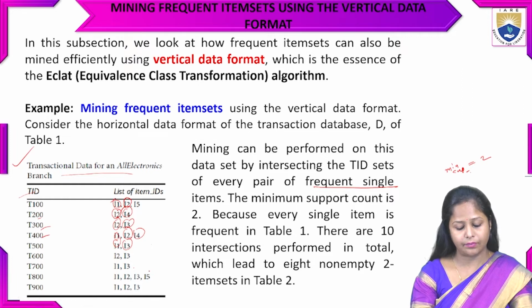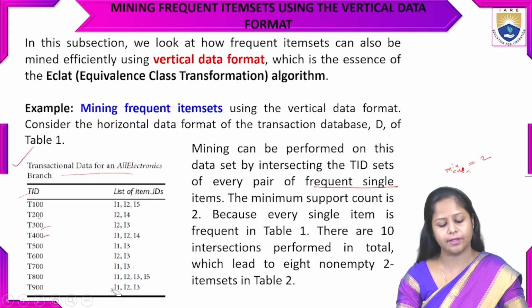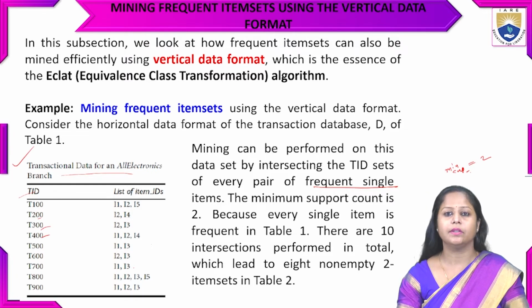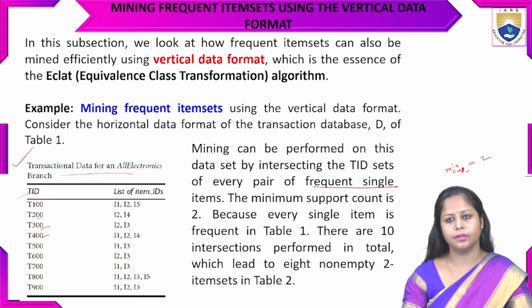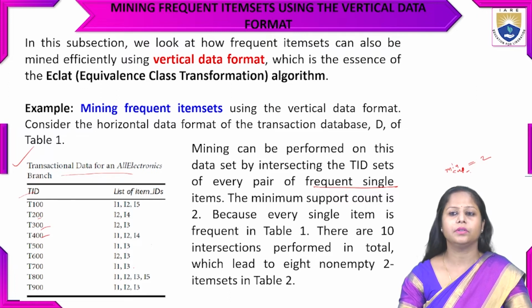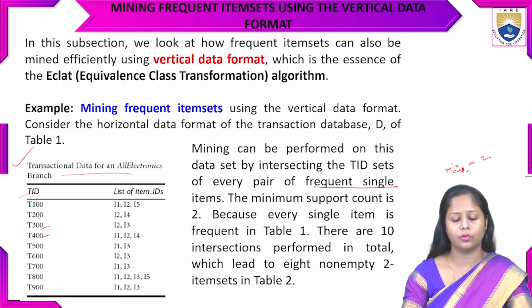I5 is also repeating, as we can check in the first transaction T100. So we have checked all the single items, transaction by transaction, that are repeating. There are 10 transactions in total.